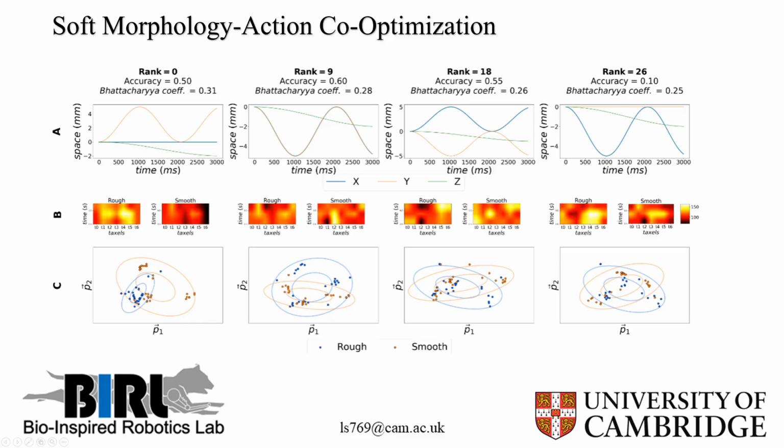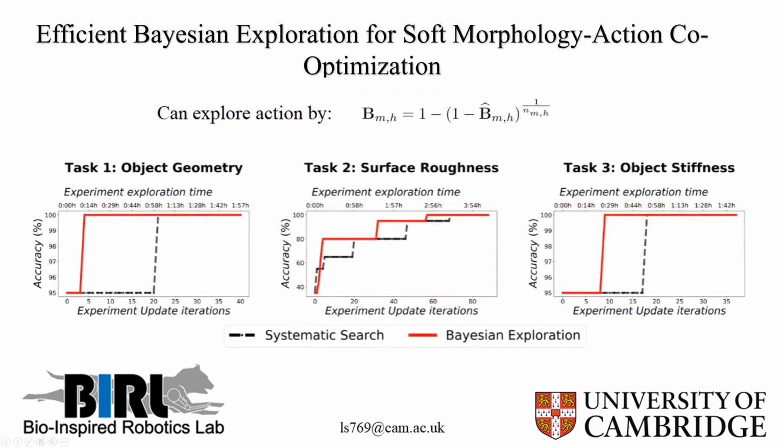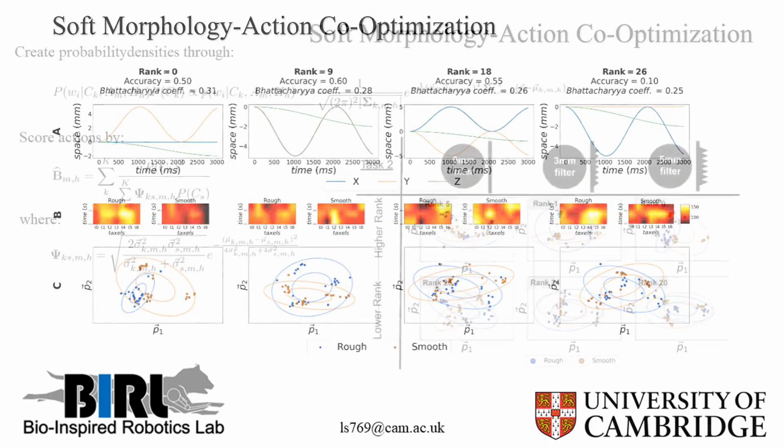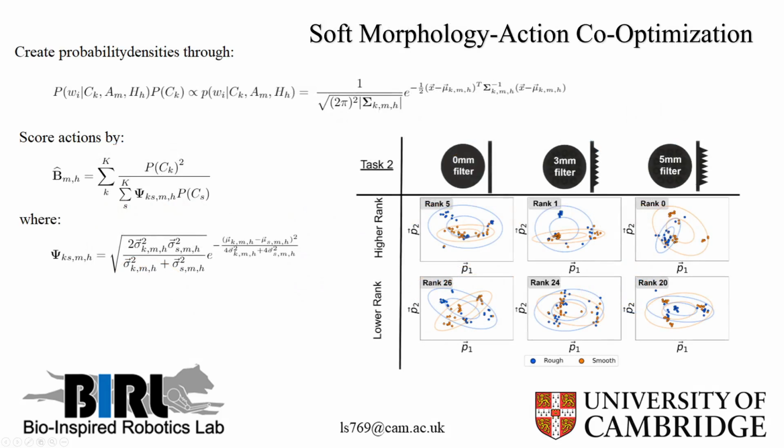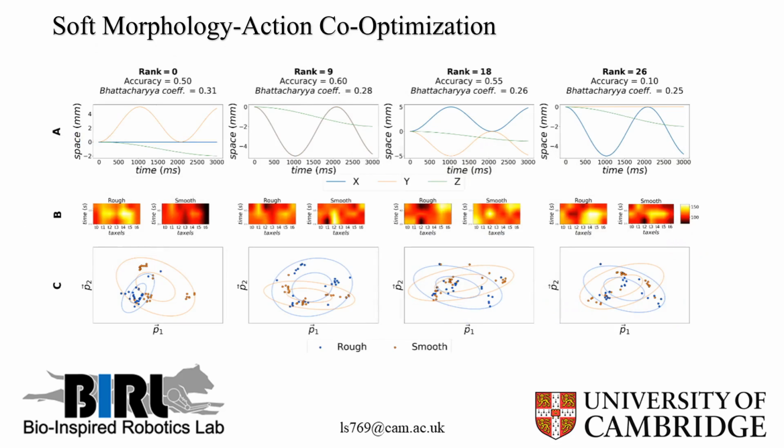Every one of them is a pair of action together with a morphology, and you can see that the best performing morphologies do indeed separate the data in such a way that it is more easily discriminable. This can be done over different tasks. For example, for test 2 you will have this ranking, but for another task you will have a different action morphology pair.